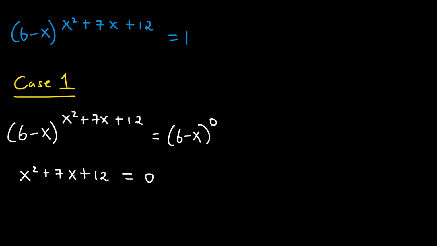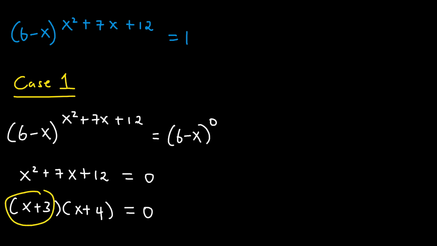And as you can see, we have a quadratic. To solve this, we need to find two numbers that multiply to 12 and add up to 7. The two numbers are 3 and 4. 3 times 4 will give us positive 12, and 3 plus 4 will give us positive 7. And so this will become (x plus 3) times (x plus 4) equal to 0.